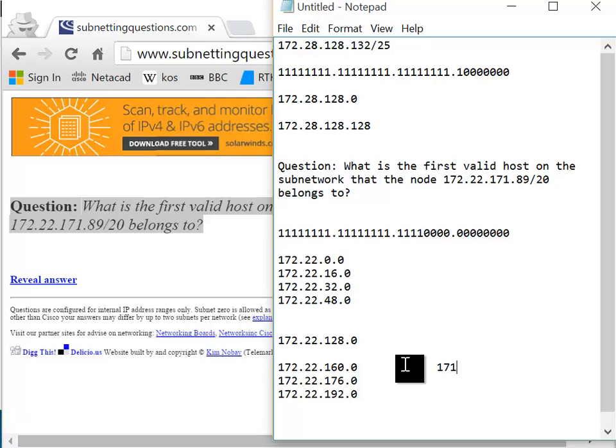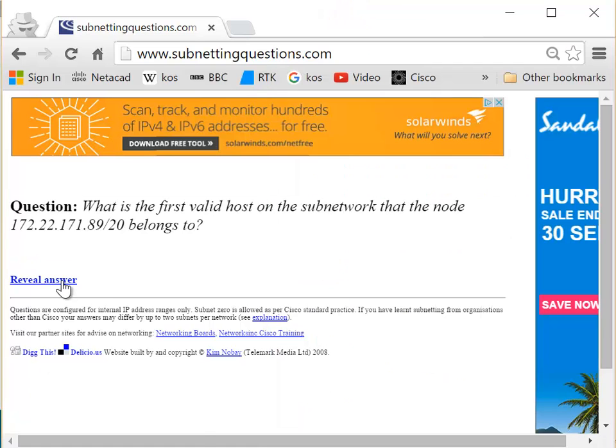So the question is, what is the first valid host on this subnetwork that this node belongs to? The first valid host is going to be the network address plus 1. So 160.1. Correct.